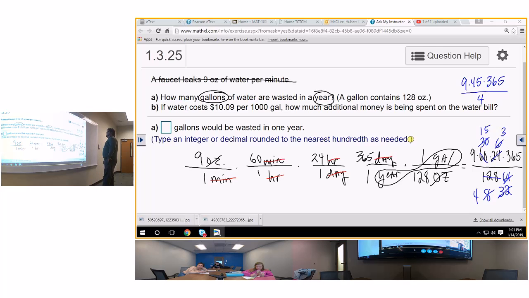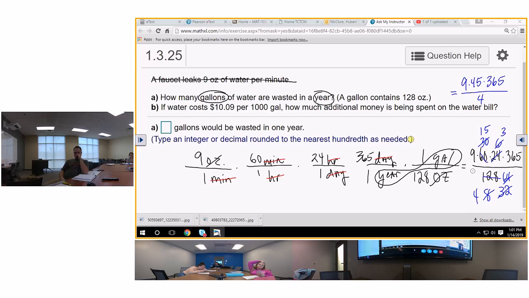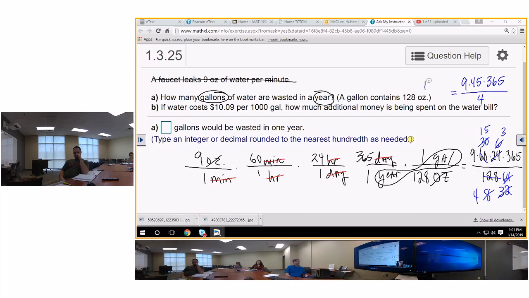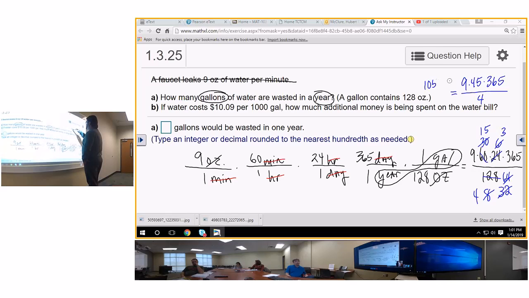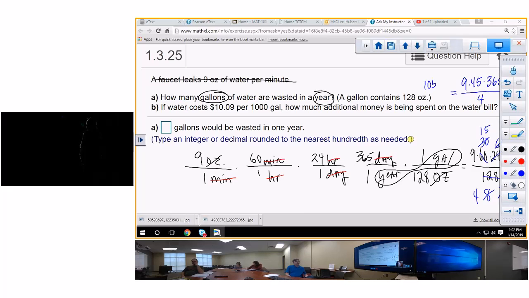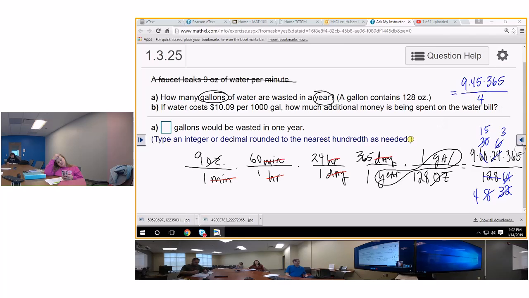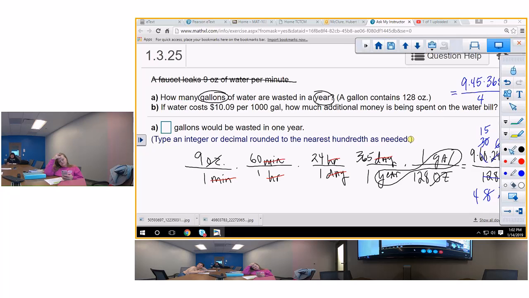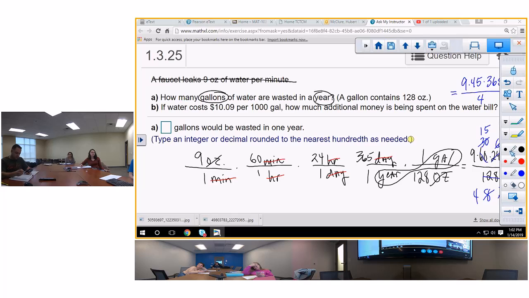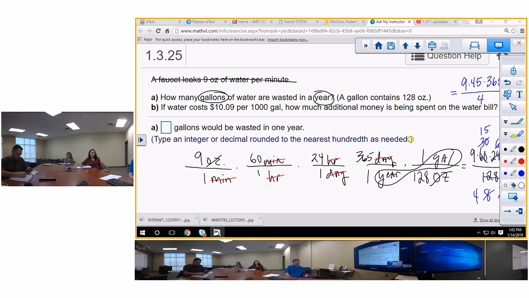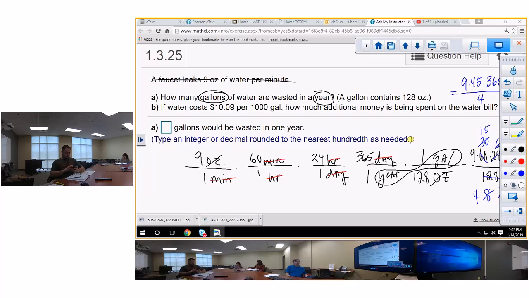And somebody crank that out for me and tell me what you get. 1,539.8. Is that after or before you divide? That's after I divide. It's probably wrong. What was the number before you divided? Okay, look.